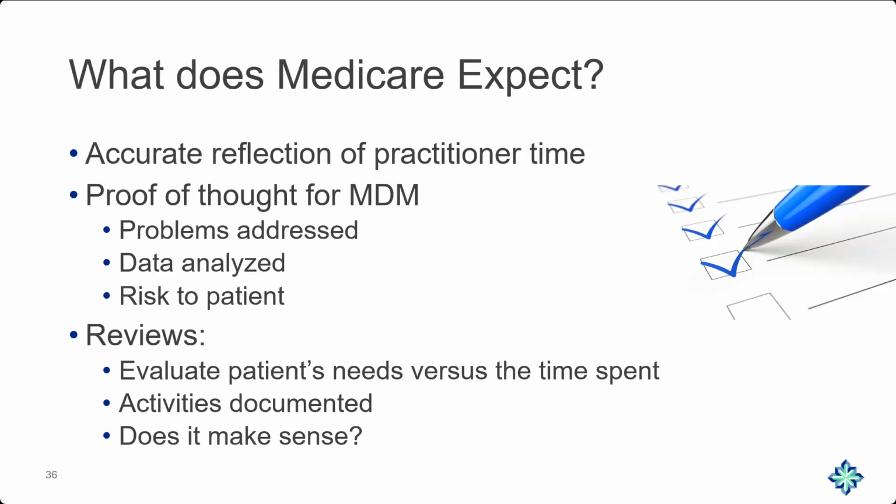So it really comes down to that documentation supporting the level of service that's billed. Again, problem, data, and risk. And it needs to make sense. This is if it's MDM or time. So you have to look at the patient's needs and what are they doing? What activities are being documented? And again, does it make sense and support that code that's being billed?